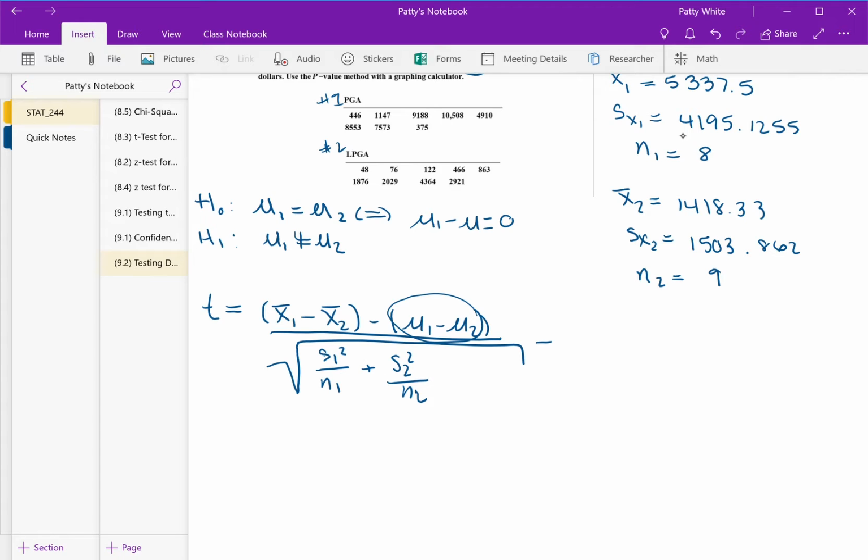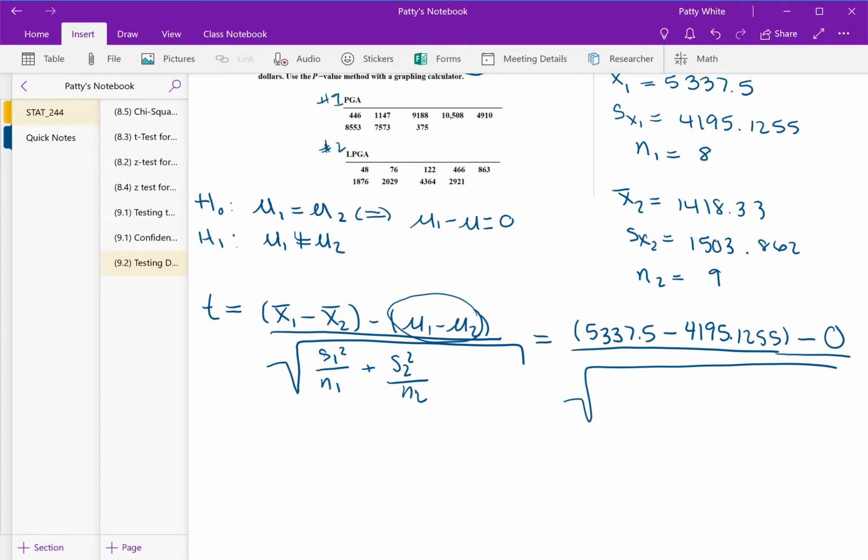So if we go ahead and plug in the information that we have, x bar 1 is 5337.5 minus 4195.1255, and then minus 0. We want the difference, or we're assuming the difference between these two means is equal to 0. And then in the denominator, we have 4195.